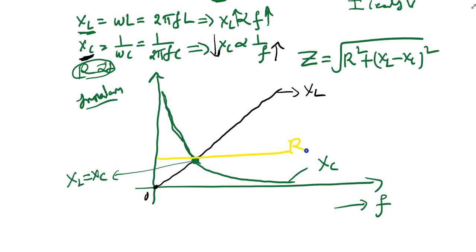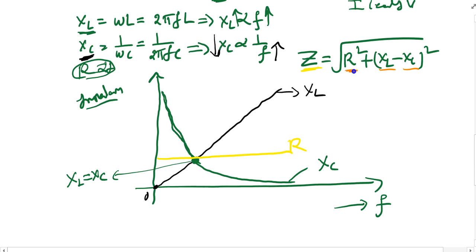At this point, I again want to draw the impedance diagram here. What could be my impedance diagram? As my frequency increases, what is happening to XL and what is happening to XC?